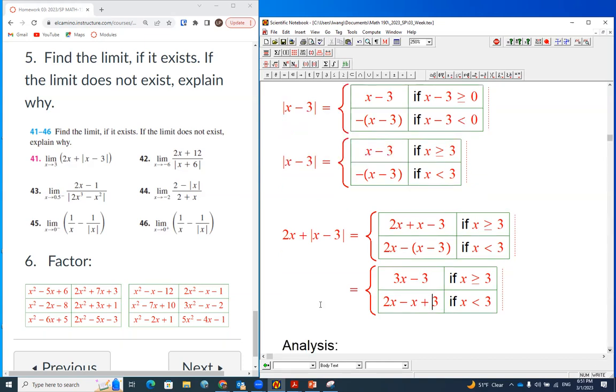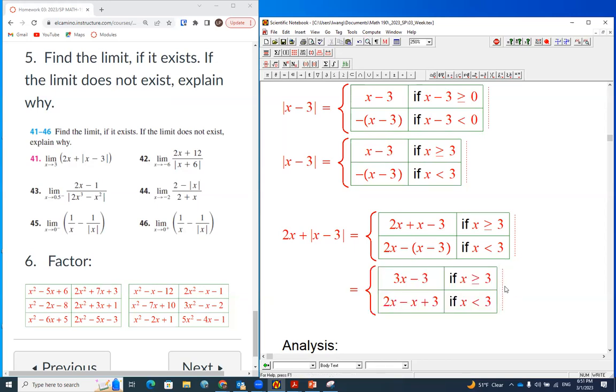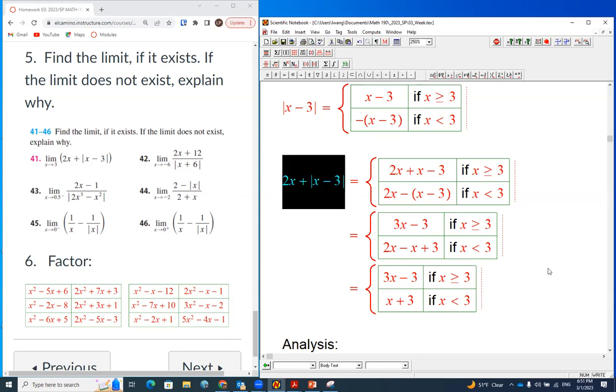And finally, in the simplified form, 2x minus x is x plus 3. So the given function is now made into two pieces.